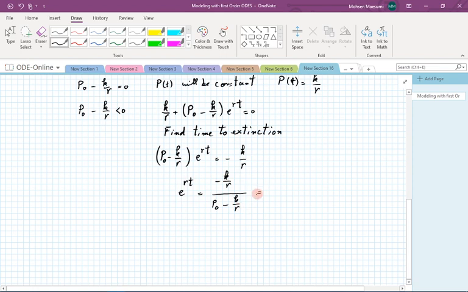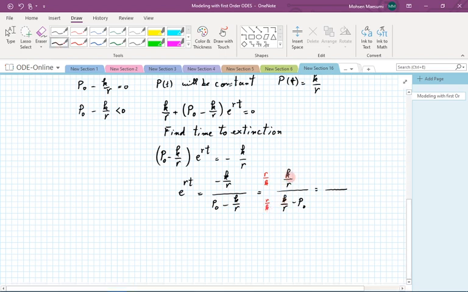To make this formula look nicer, I'll multiply by minus one both on the numerator and denominator. If you want to perhaps make the formula look simpler, we can multiply numerator and denominator with R over K. So one way of simplifying, multiply by R over K. So that's a reciprocal of this number.